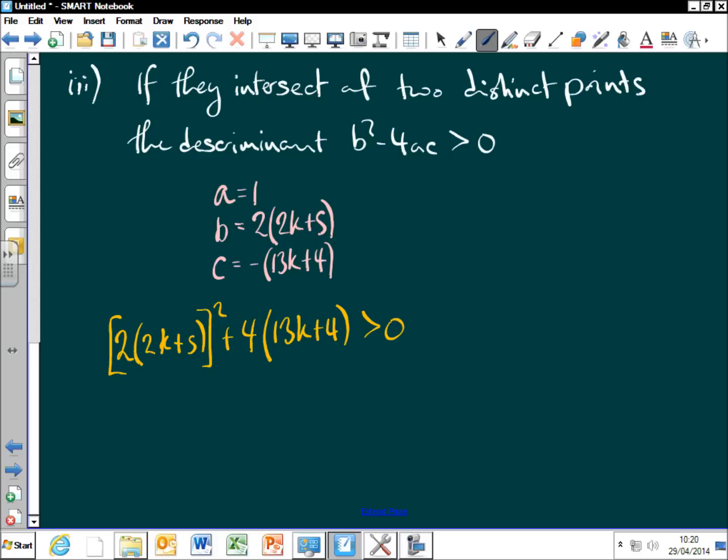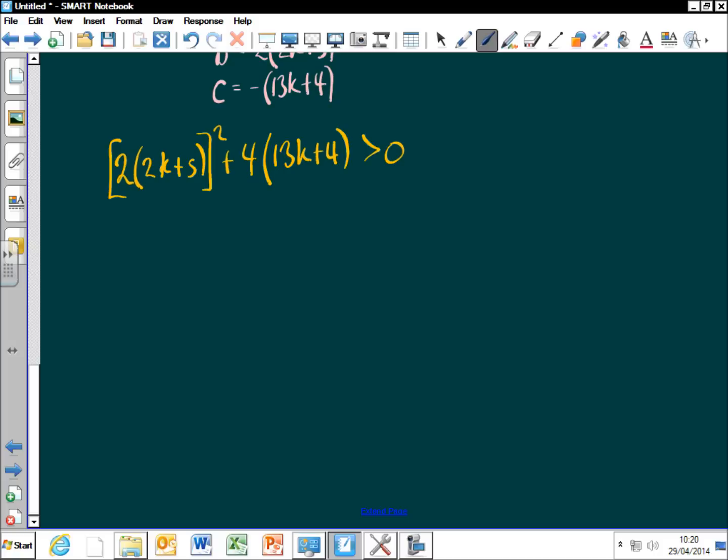Okay, now we're going to just multiply this out, and again we're trying to make it look as it does on the question sheet. So I'm squaring this, so I'm going to get 4, 2k plus 5 squared.